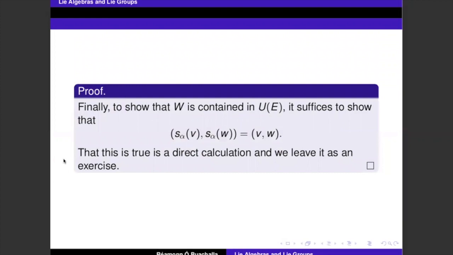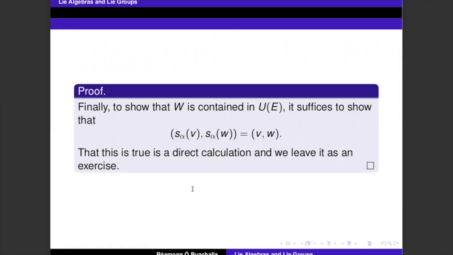Finally, to show that W is contained inside the unitaries, it's enough to show that this identity holds for the generators of the group, because then we see it's going to hold for everything. And this is just a direct calculation. It follows in a one-line calculation from the definition of the reflection, and just some cancellation.